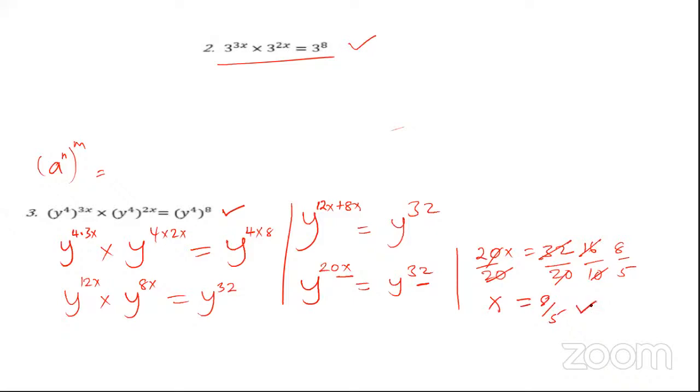This is your value of x. Now, remember our laws of indices are still applying. We are not leaving them behind. So step 1, make sure these powers have been simplified. You open up that bracket, then you equate the powers as well. In so doing, you'll be able to come up with your results.